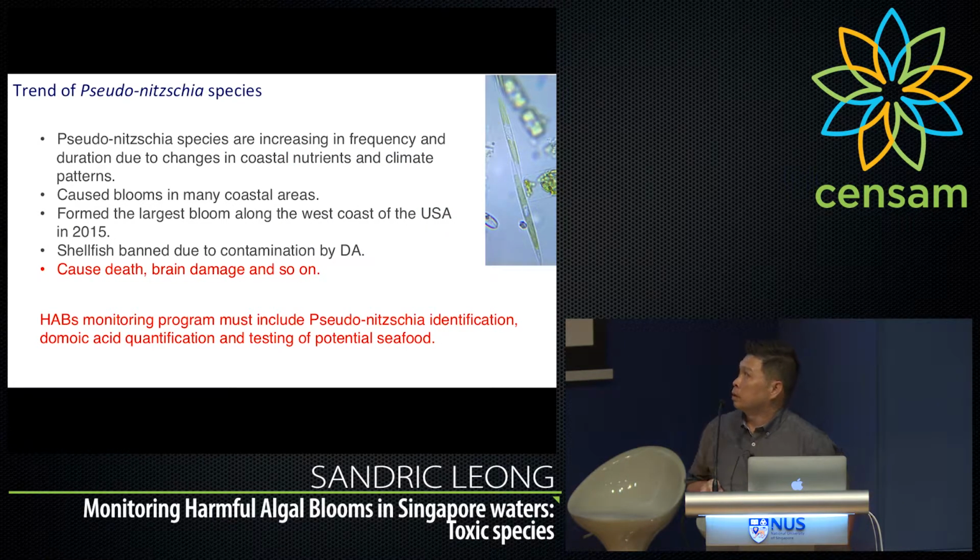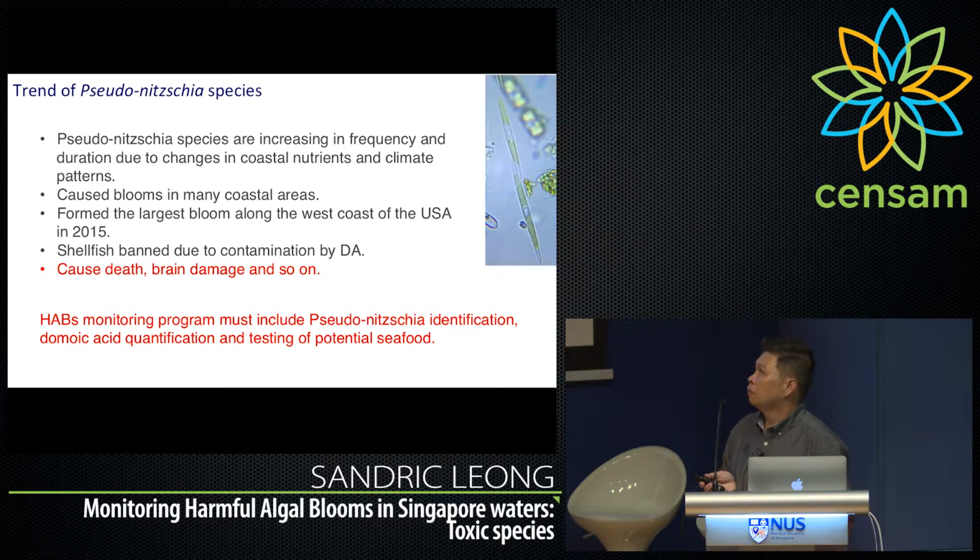Some of the trends of these newly found or documented species in our waters is that they are increasing in frequency and duration due to changes in climate patterns and also the nutrient regimes in the marine system, and they cause blooms in many areas around the world.